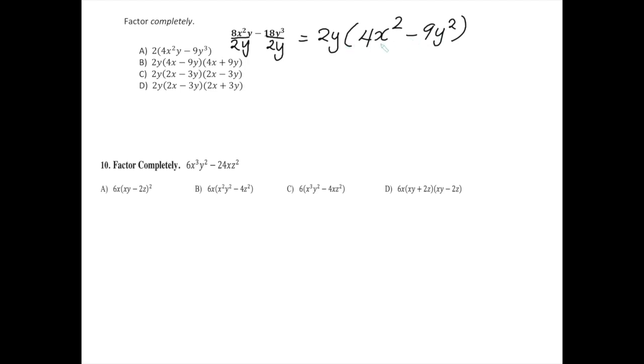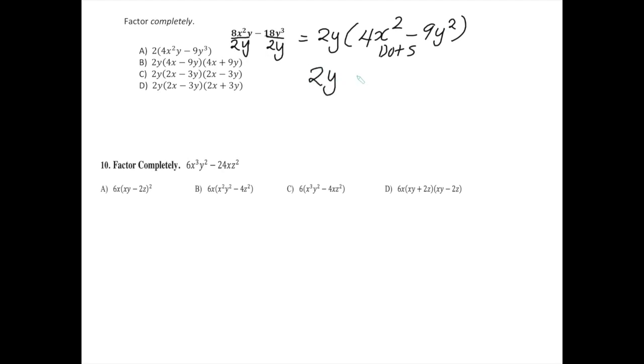Now, you don't see this as an answer choice. Thank goodness. And so now here, you're going to apply the difference of squares to the parentheses because 4 is perfect, x squared is perfect, separated by subtraction, 9 is perfect, y squared is perfect, so it can be used.